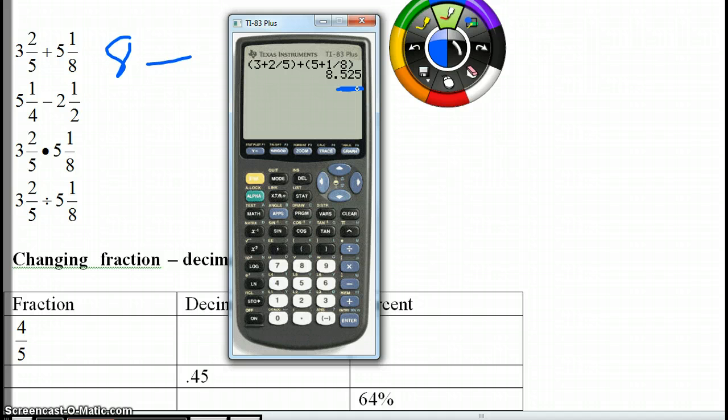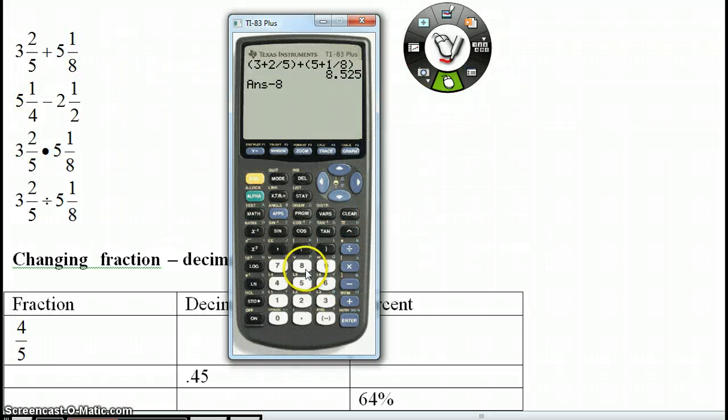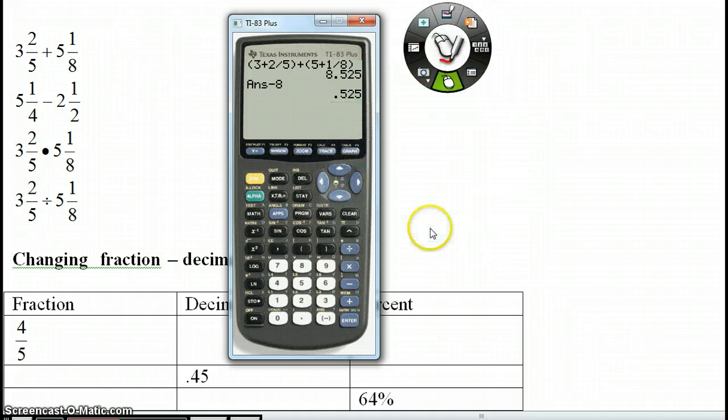So if I take this answer and instead of changing that whole thing to a fraction, you subtract off 8, and why do I want to subtract off 8? Because 8 is the whole number, and we want to change the rest into a fraction. Now you can hit math fraction, and that'll change that.